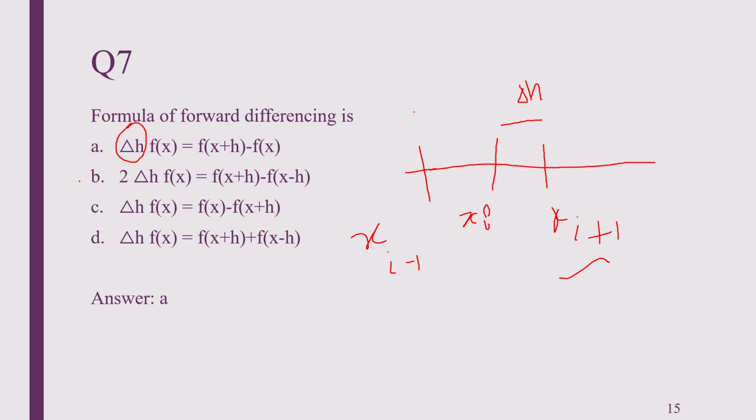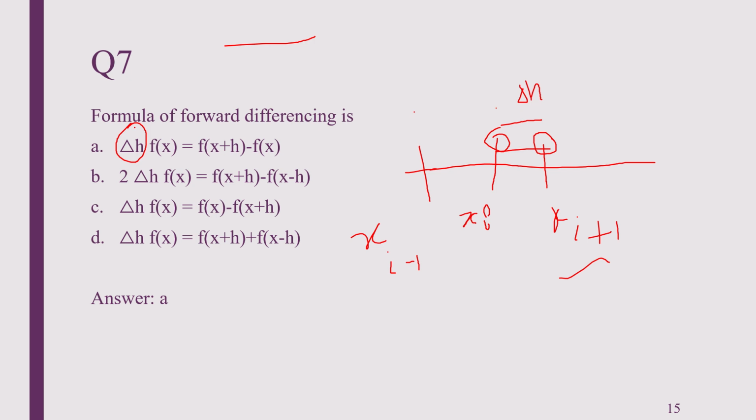So option A is the right answer, where delta h times f of x is equal to f of x plus h minus f of x. That is, we are taking f of x plus h minus f of x divided by delta h, which gives us the derivative of f of x.